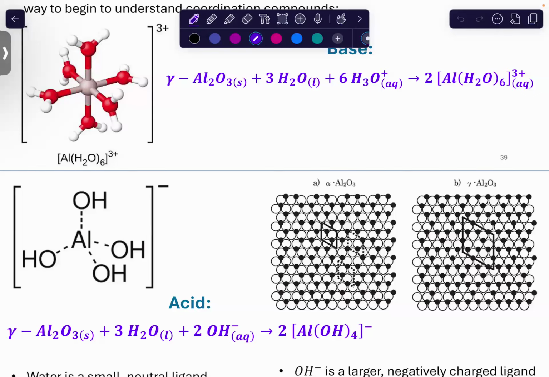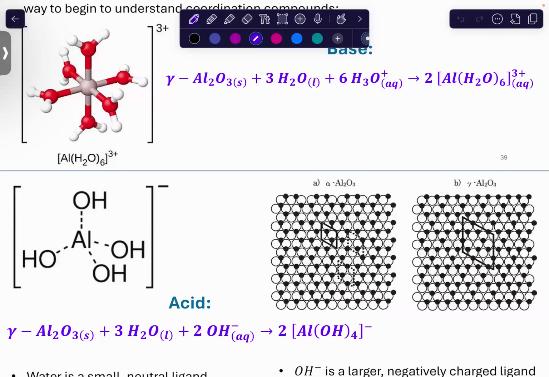Basically, as you get rid of those waters and get more and more negative charges, you end up getting a pretty strong steric hindrance due to all the electrons, so you can no longer support an octahedral system. With only hydroxides, the aluminum is going to max out at a tetrahedral, because otherwise there's just too much steric hindrance involved.